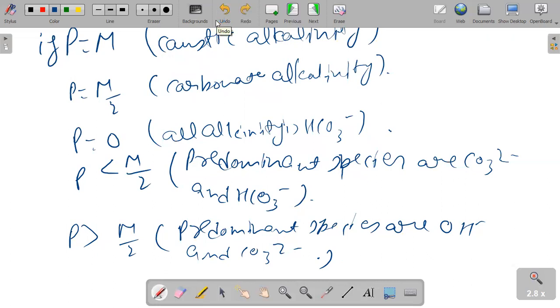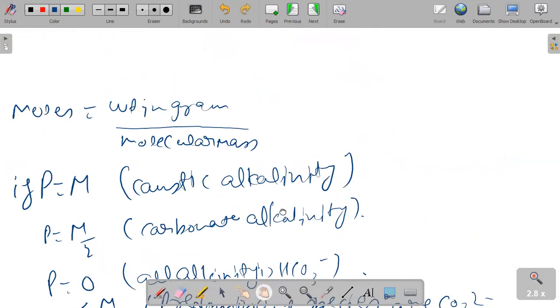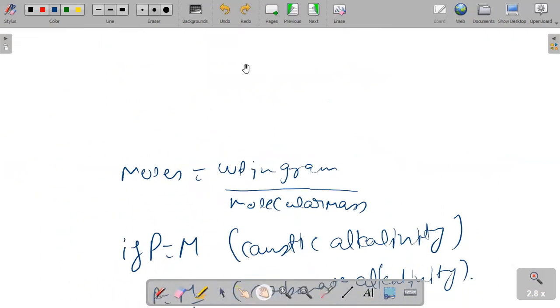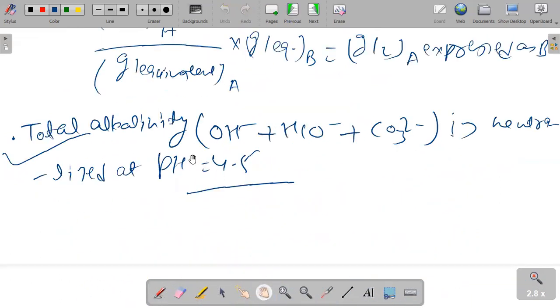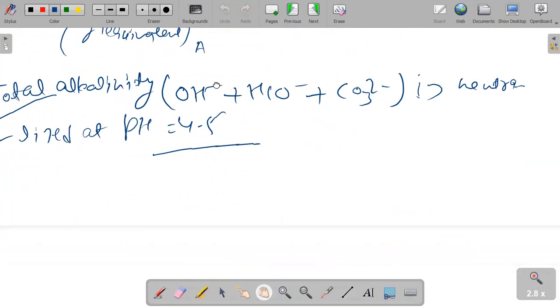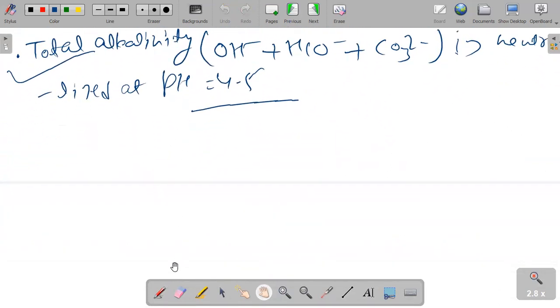So this is a table, and along with this table, for pH of 4.5, we also have a graph. It was on the previous page.